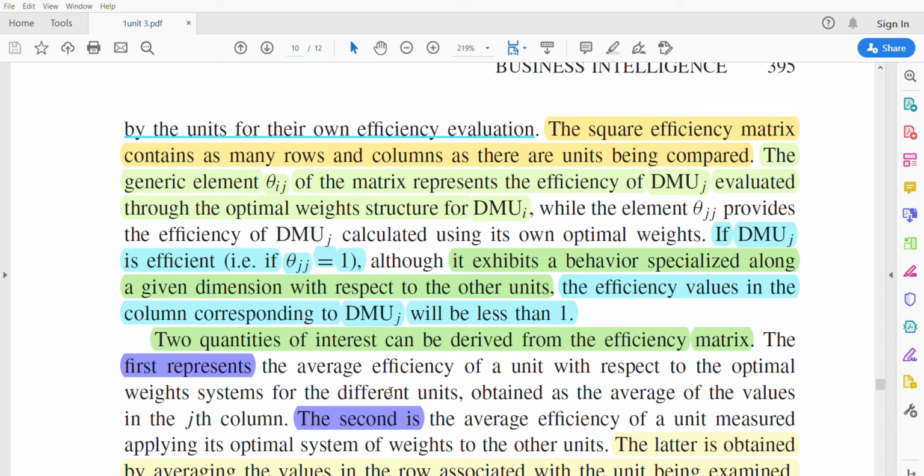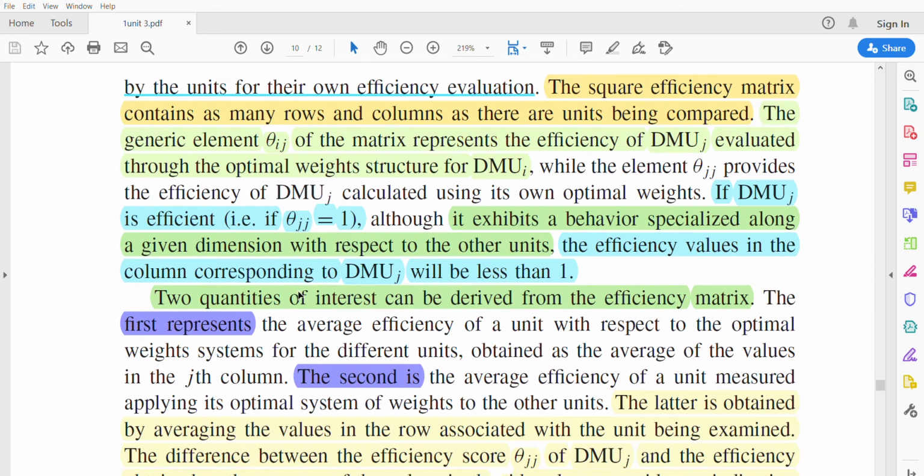Whenever the DMU is efficient, its value is equal to 1. In other words, it exhibits a behavior specialized along a given dimension with respect to other units. In that case, the efficiency values in the column corresponding to the DMU will be less than 1.